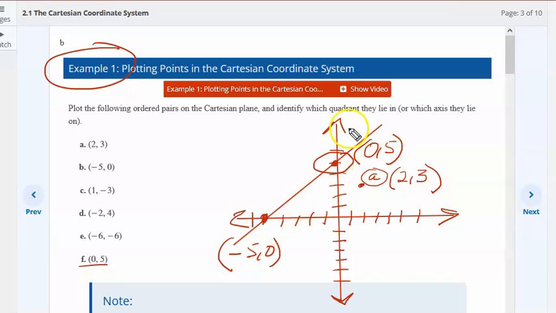This would be your y-intercept, where the line is crossing the axis. And here, the line is crossing the axis. These are the intercepts of this graph. Again, reviewing and building vocabulary.